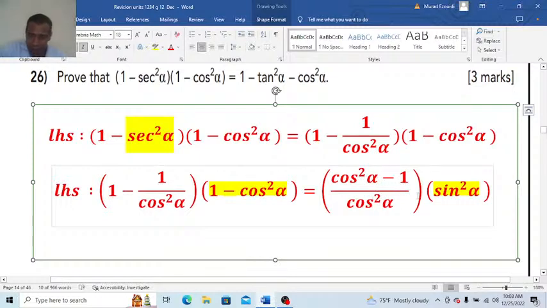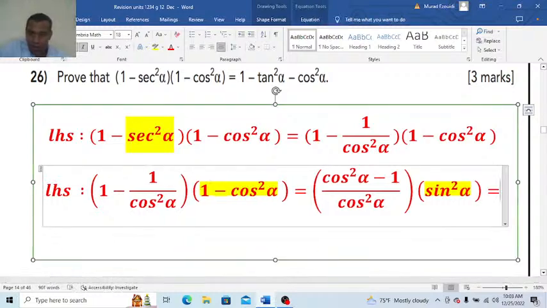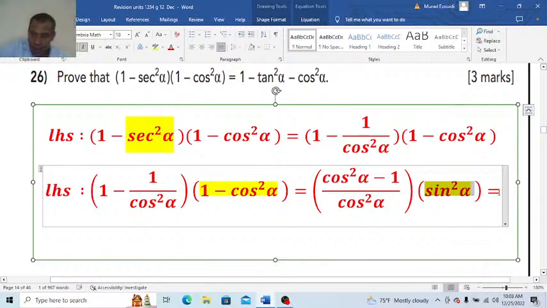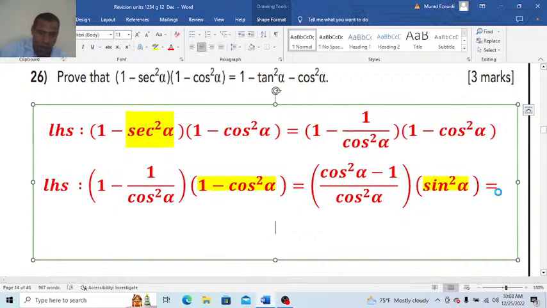Then this one can be written as equal, you see, cosine square over cosine square in fact is 1 multiplied by sine square. I will just write sine square, equals sine square.